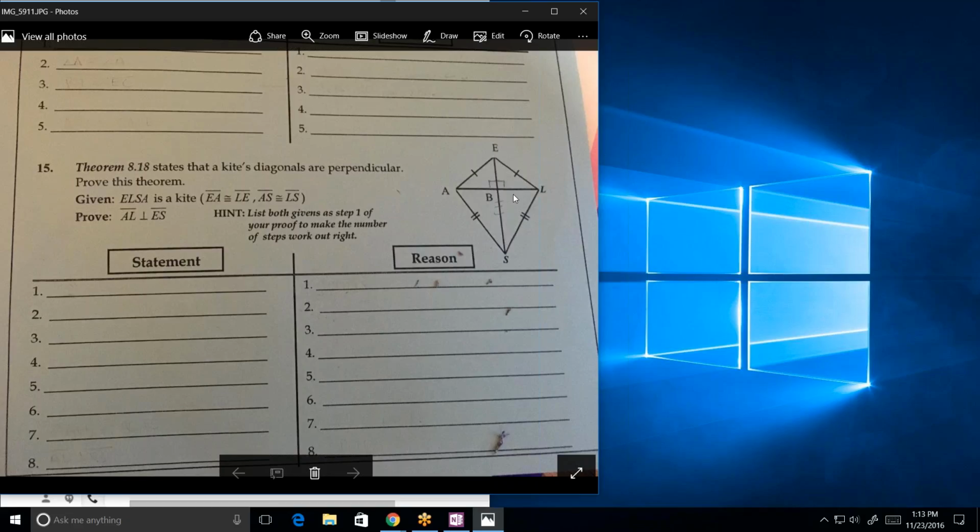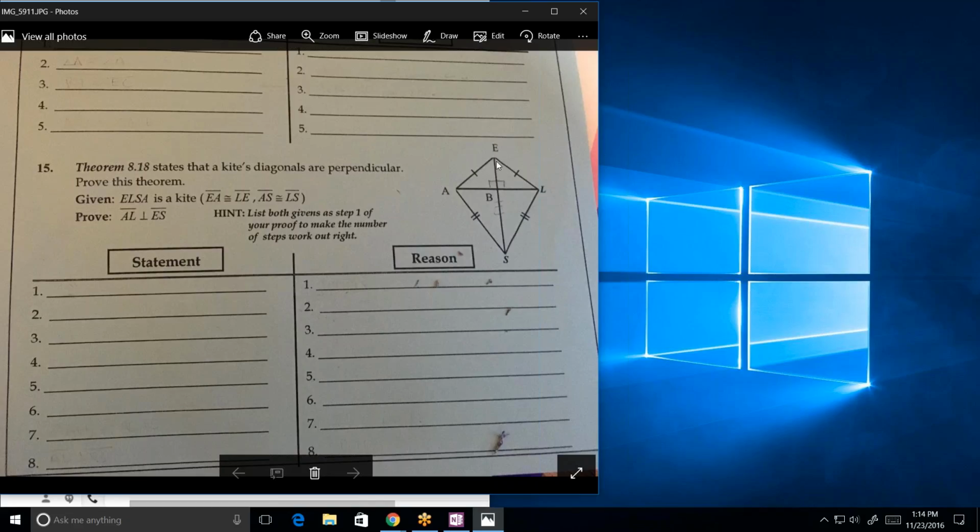In other words, we have a theorem that says that the long diagonal of a kite bisects the short diagonal. So that tells us that AB is equal to BL. Well, we also know that BS is equal to BS, so we have side, side, side.